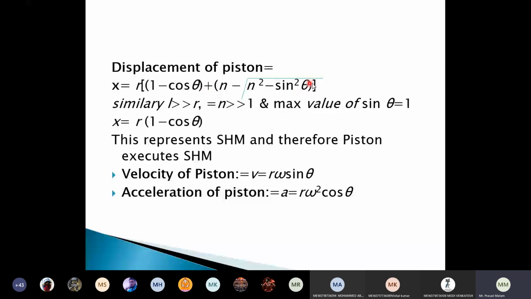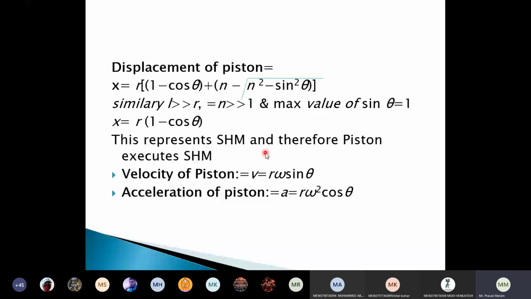This equation gives the displacement. Now when L is greater than R and n is greater than 1 and maximum value of sin theta is equal to 1, in that case, what will happen? The displacement will come as x equals R into (1 minus cos theta). This represents the simple harmonic motion of the piston.